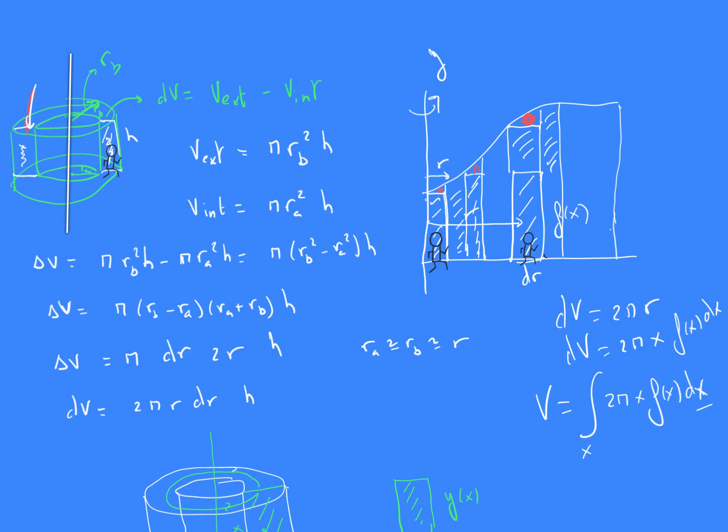So it will be from x equals 0 to the final door, to x equals, maybe, whatever, 5. So this is the volume generated by the shell method.